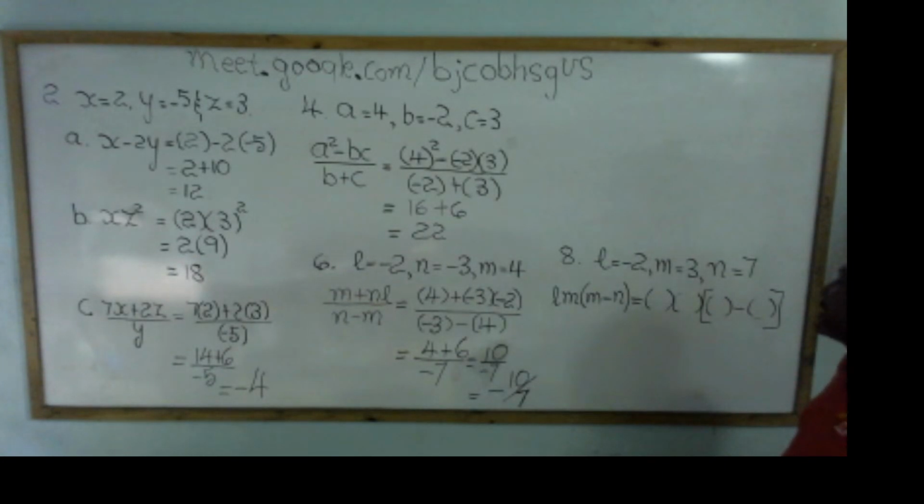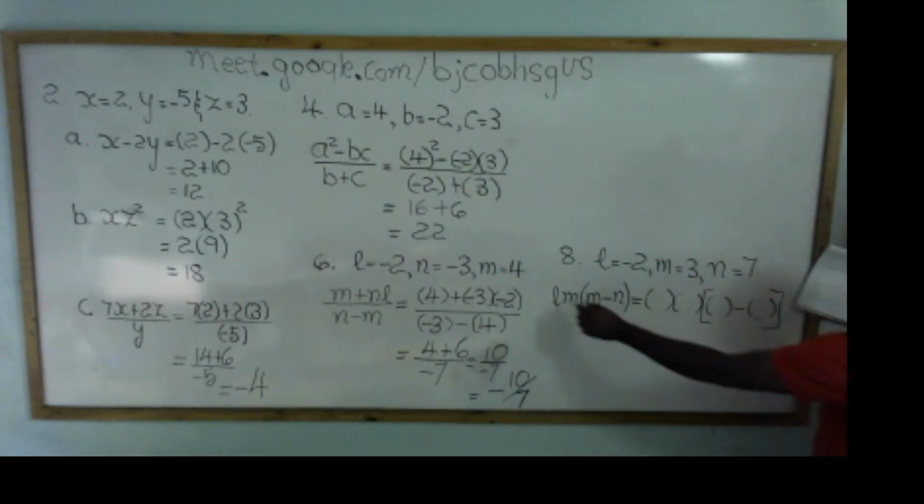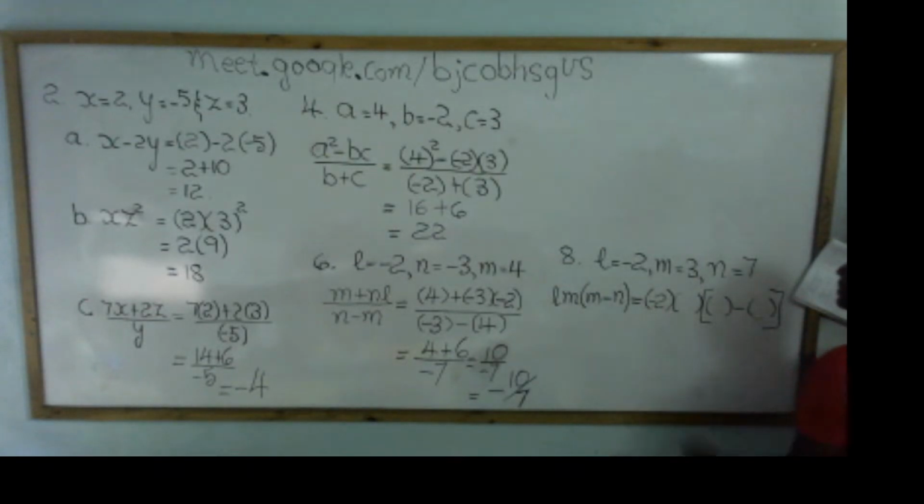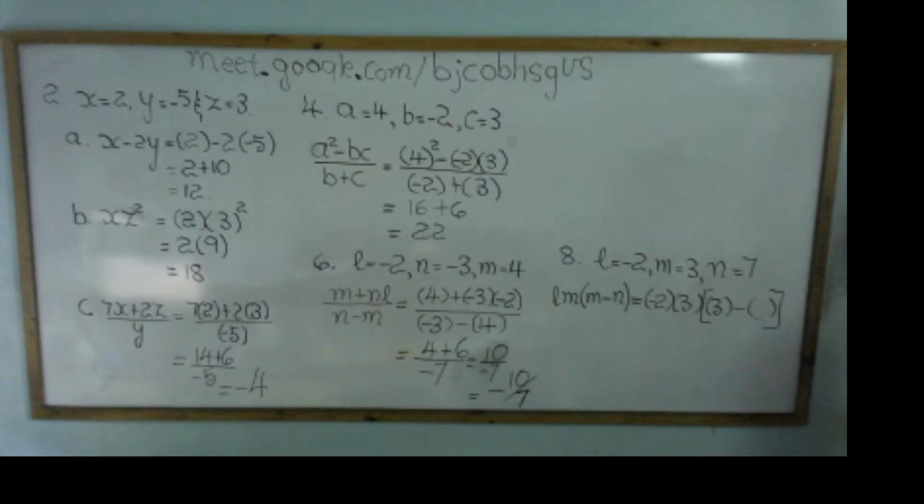So let's go. The first thing you put in is this L, which is negative 2. Then M is 3, so you put a 3 here and a 3 there. And of course, N is the only one left, and that's a 7.